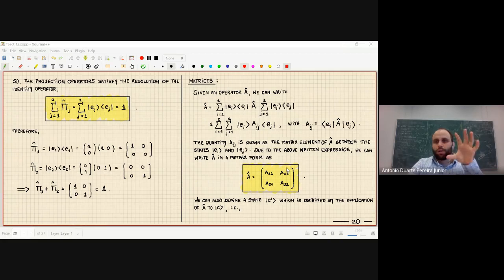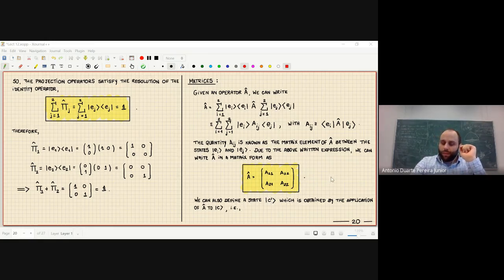So the product of a 2 by 2 matrix with a column vector with 2 entries gives me a column vector. So A hat acting on a state C will give me back a ket. And this ket I will call C prime, okay?